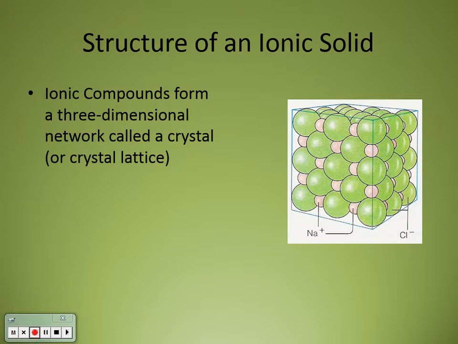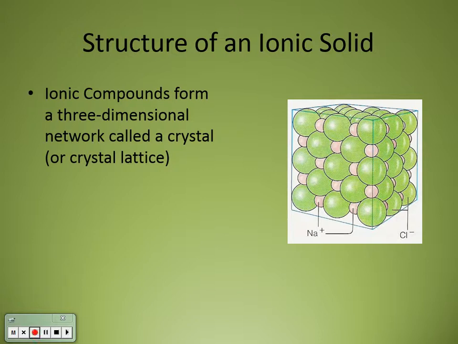Ionic compounds form a three-dimensional network that we call a crystal, or sometimes a crystal lattice. If you look at salt that comes out of the salt shaker, do it today at lunch if you've never done it before. You know what it looks like? It's a bunch of cubes, right?